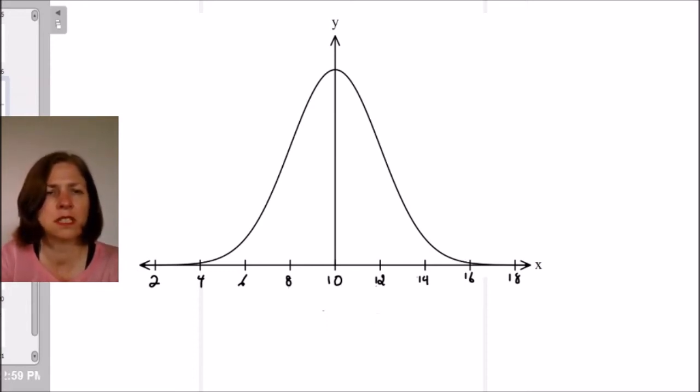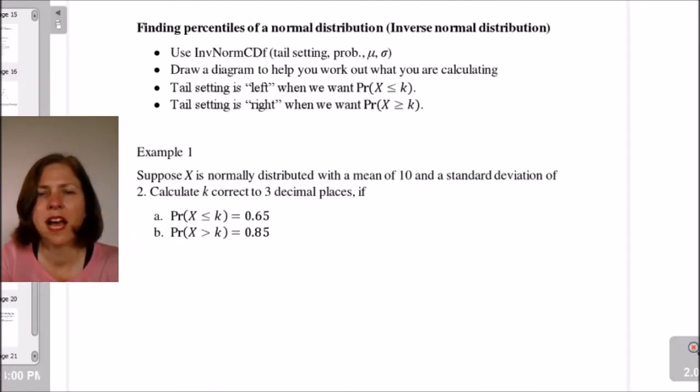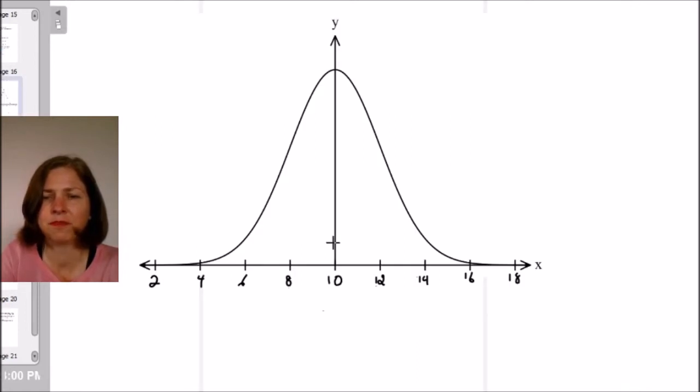Now, what I'm asked to calculate, let's go back to the question just for a moment, if I can find it. Yep, there it is. I need to know if X is less than or equal to some value K, then my probability is going to be 0.65. My probability is 0.65 when X is less than or equal to K. So let's go back to my graph.